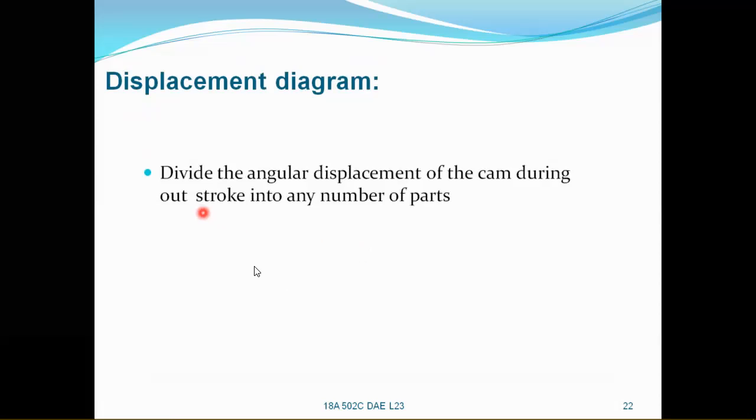Same as the previous case, mark the angular displacement on the x-axis and the displacement of the follower on the y-axis, and complete the rectangle and divide the angular displacement of the cam into outstroke, dwell and return stroke, and also dwell for the next period, divide the outstroke into any number of parts, and draw the vertical lines for these points.